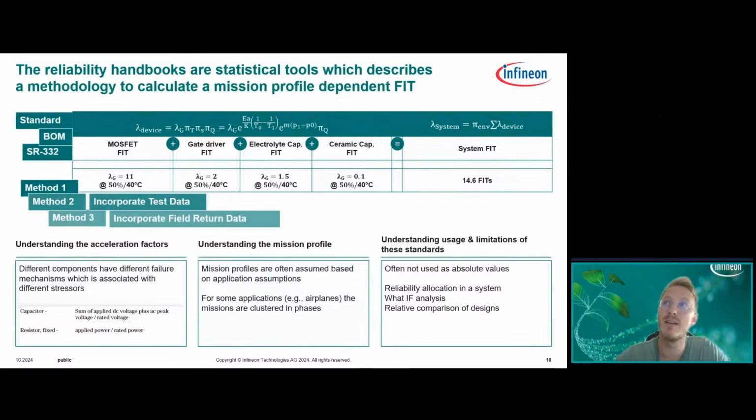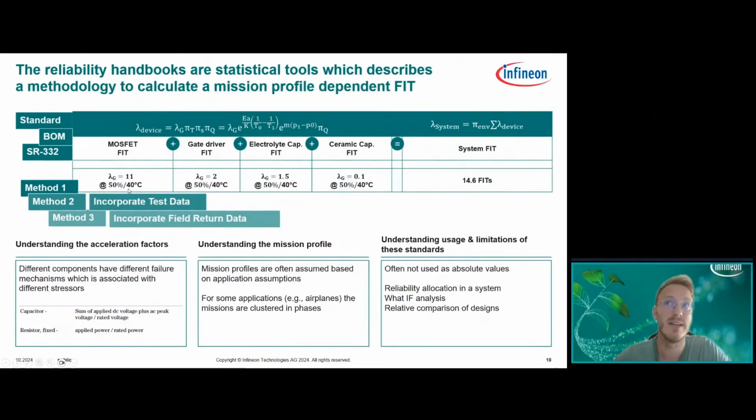The thermal acceleration factor, you can see here on top, is the Arrhenius equation. How sensitive a component is to a certain temperature change is reflected by an activation energy. So a capacitor and a MOSFET have, due to the standards, a different activation energy.